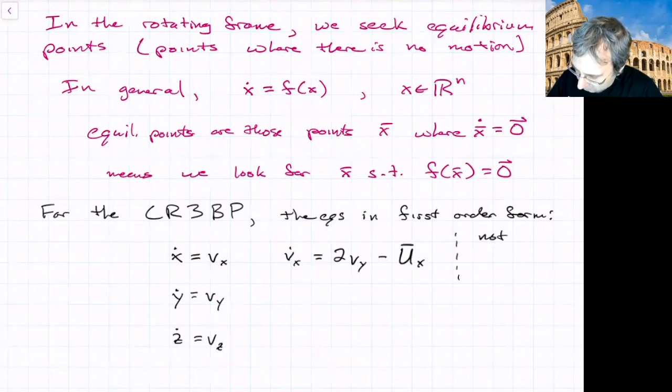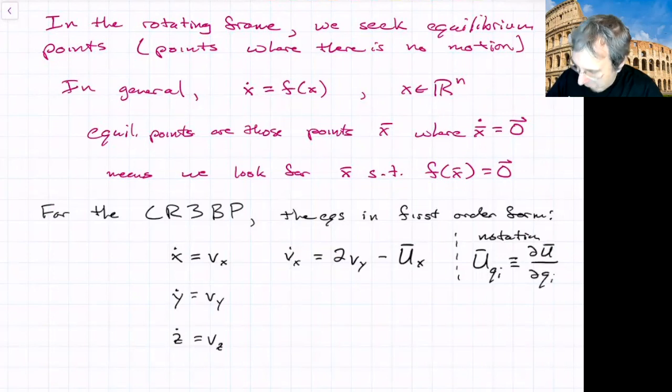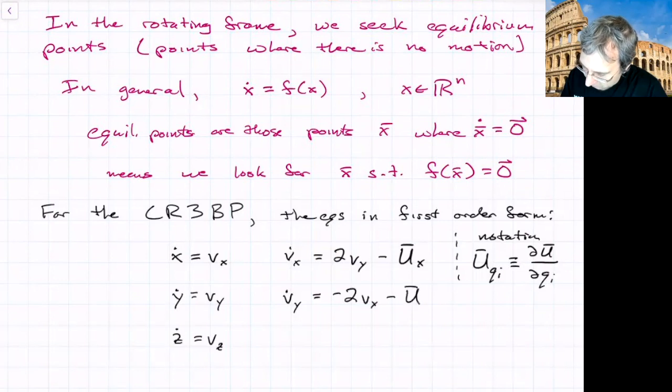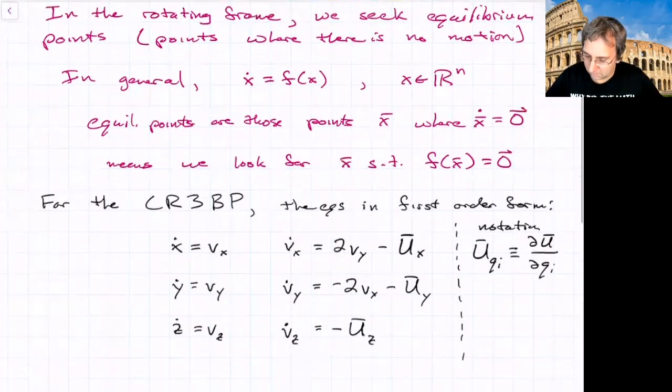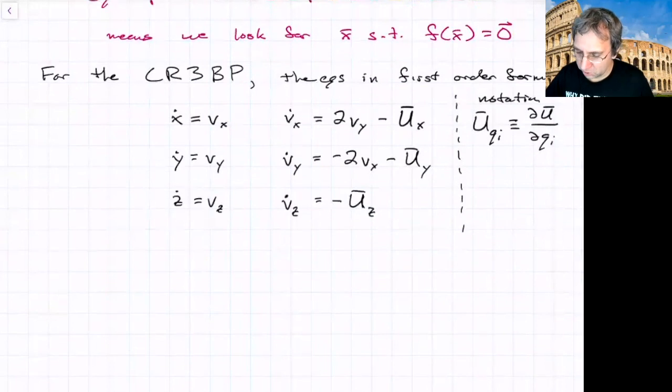My notation is that U bar sub q_i just means the partial derivative with respect to that variable. Vy dot is negative 2Vx minus the partial derivative of the effective potential with respect to y, and Vz dot equals just negative partial U partial z. Okay, so those are our equations of motion.